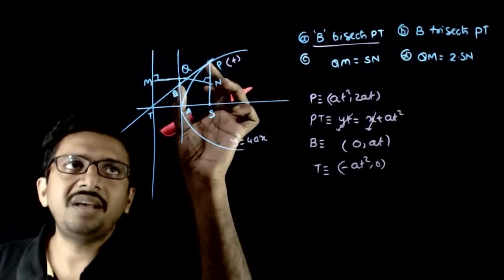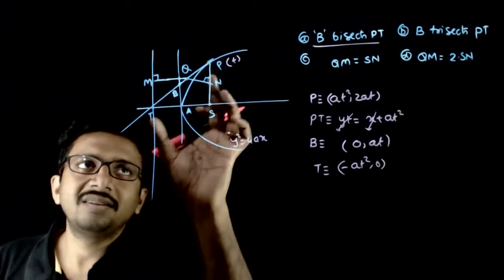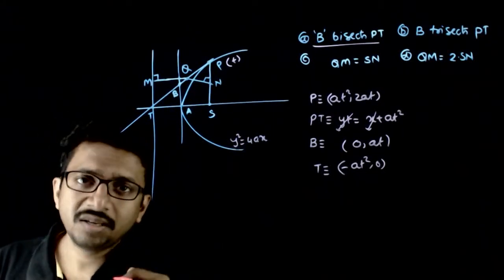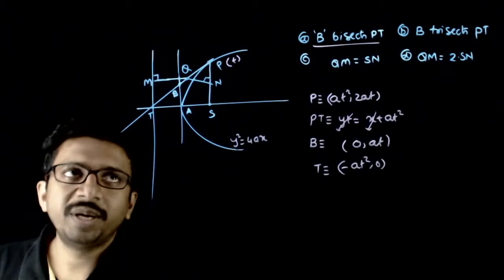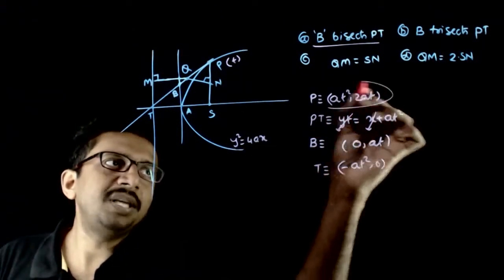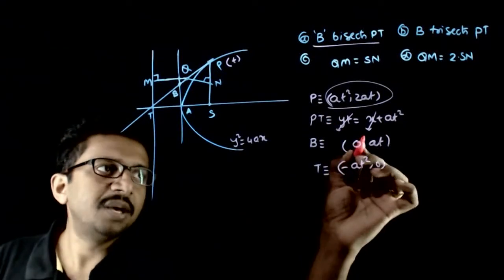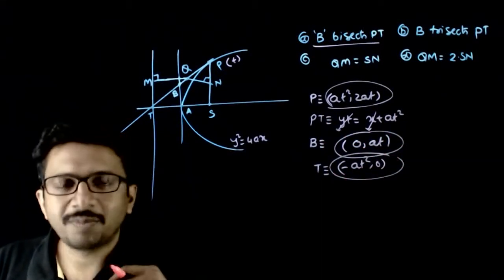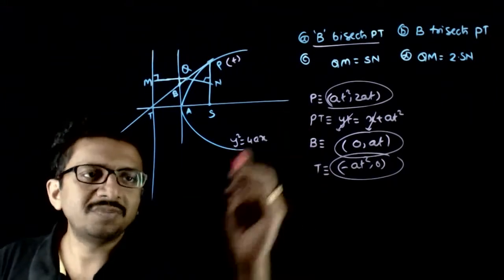So you just need to see the lengths of BP and BT. P is at square comma 2at, B is 0 comma at, and T is minus at square comma 0. So what's the midpoint of PT?